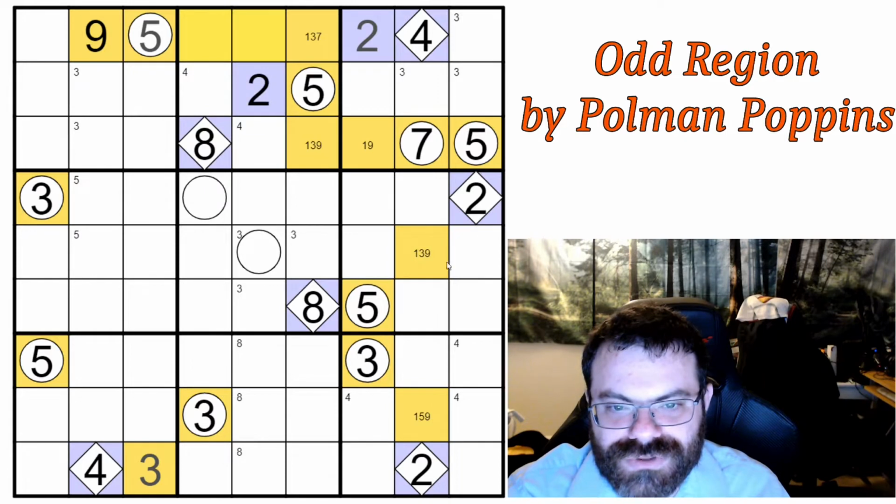So okay, if these two were odd, these two are even, these two are even. This 5 needs one more odd in it. There's not really any requirement on these two.